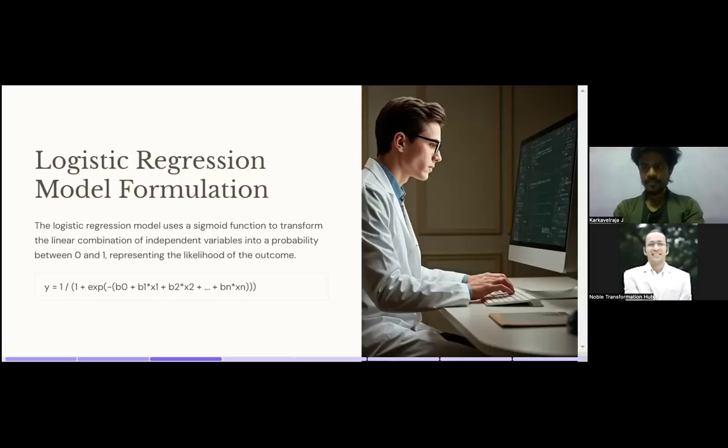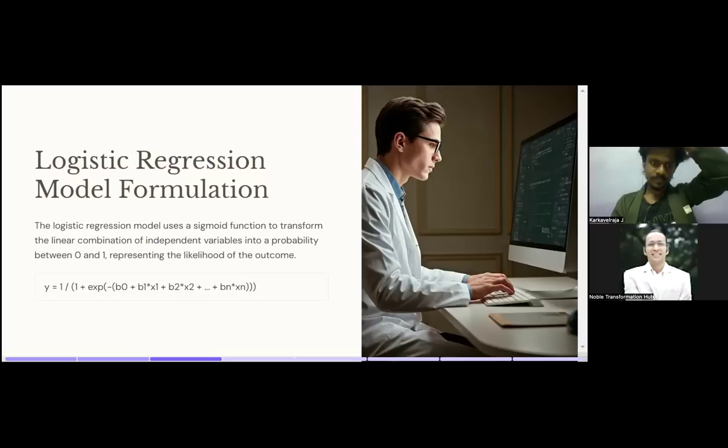So it represents the likelihood of the outcome. Okay, suppose somebody has cancer or not, it will predict that. So that problem will be decoded into binary, like the outcome will be based on binary, true or false, 0 or 1, whatever.